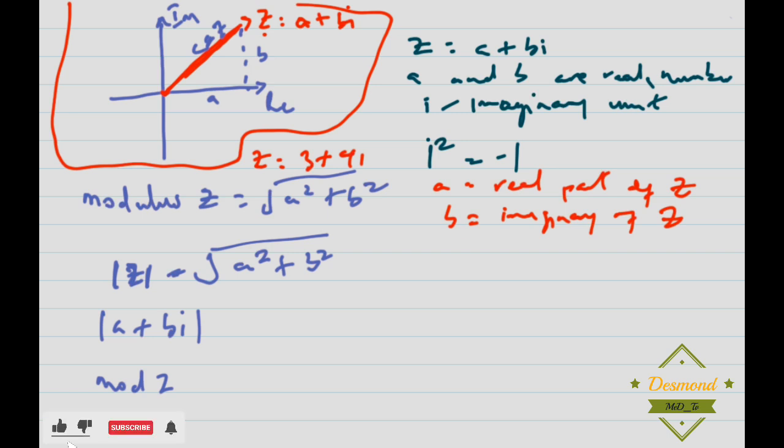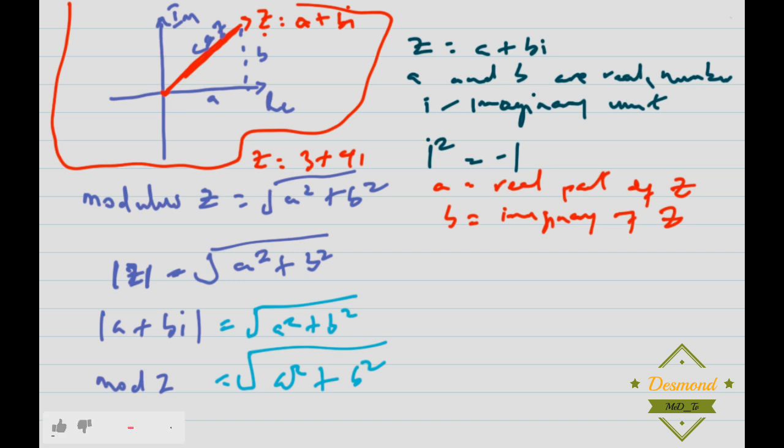So with the same format, the modulus of a plus bi is equal to the square root of a squared plus b squared. When they ask you to find this, it is the same as the modulus of the complex number.